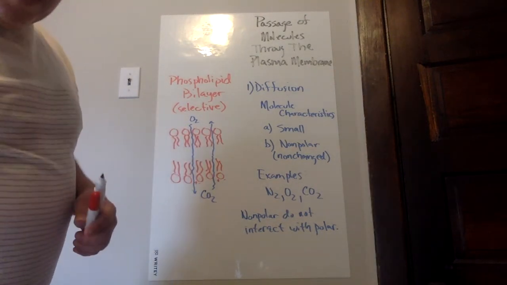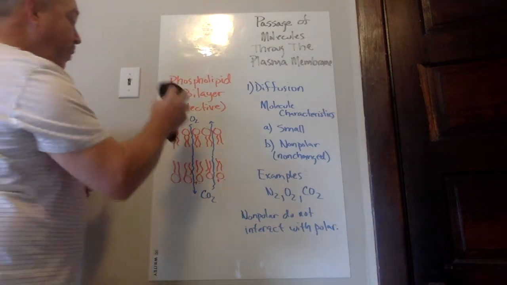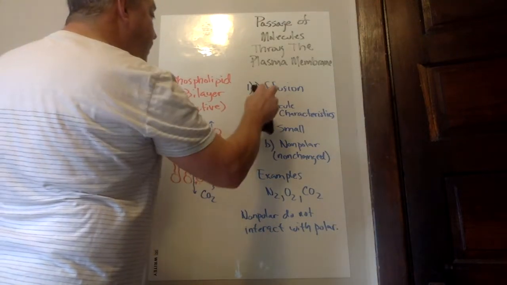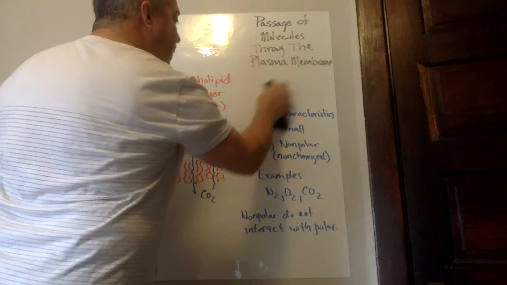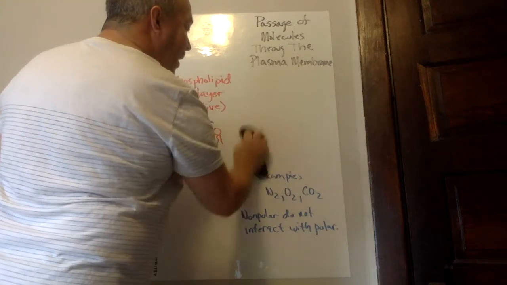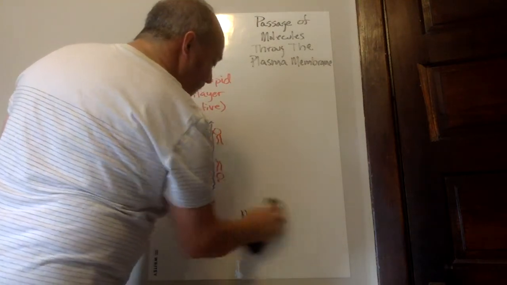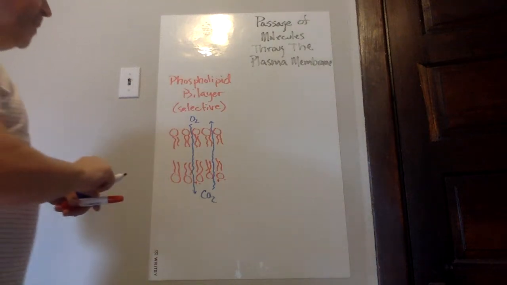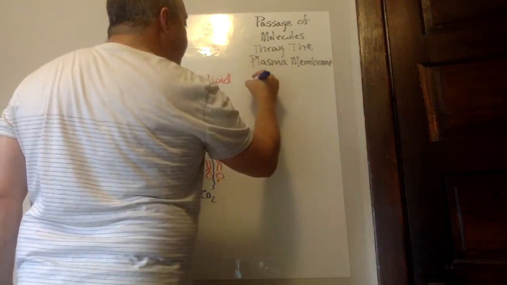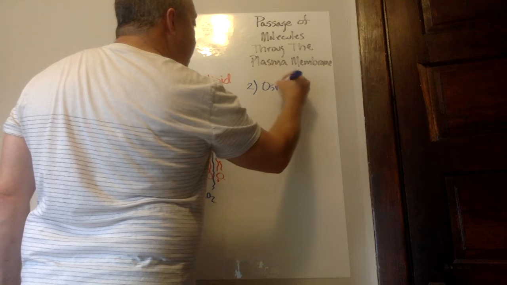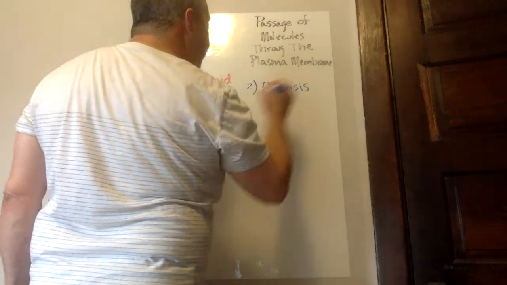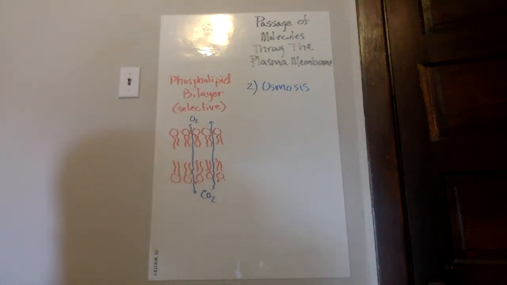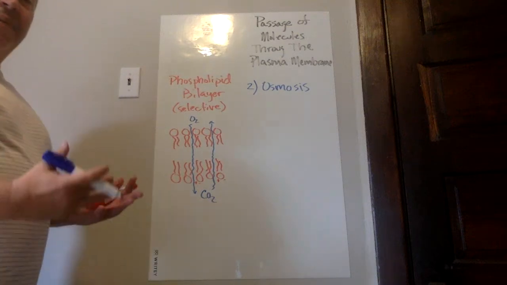All right, a second thing that will use our phospholipid bilayer. Sometimes these can be a bit of a tongue twister. Osmosis can occur through the phospholipid bilayer. Remember, osmosis is a special type of diffusion.